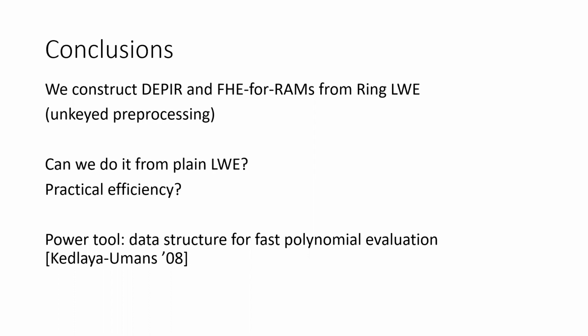So one direct application that we thought about, and we put a section in our paper, is that we can do multi-hop RAM FHE, where every party just preprocesses his or her own data.